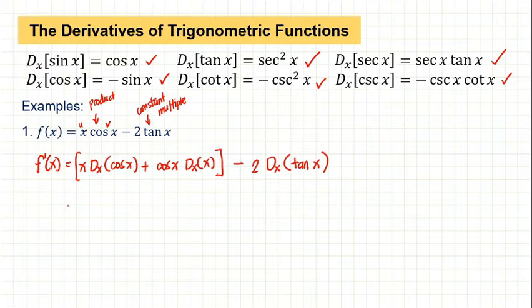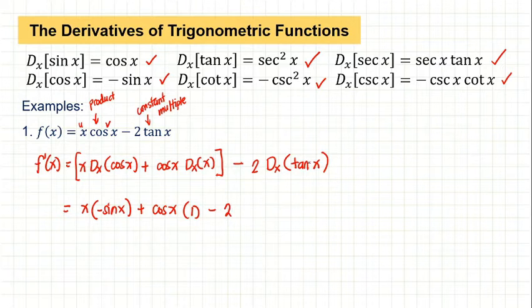Then let's apply the derivatives of trigonometric functions and the basic derivatives that we have learned from our previous lessons. So this will become x. Then derivative of cosine x is negative sine x. So this is negative sine x here. Plus, we have cosine x. Derivative of x is just 1. So this is 1.